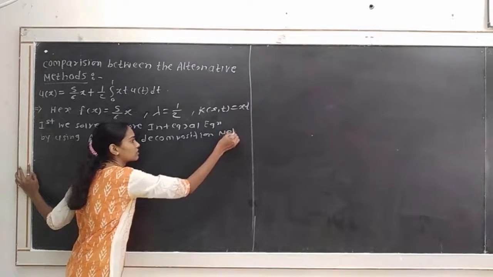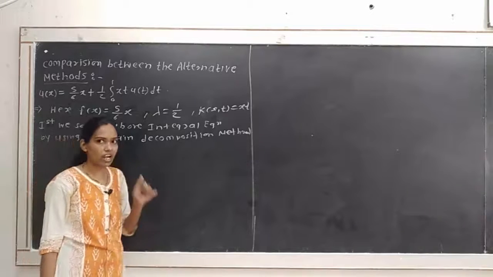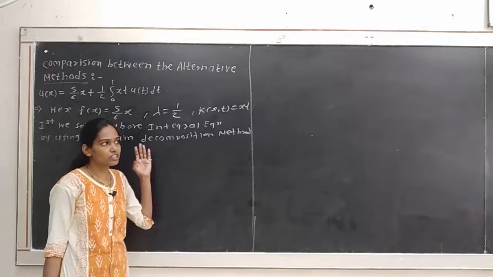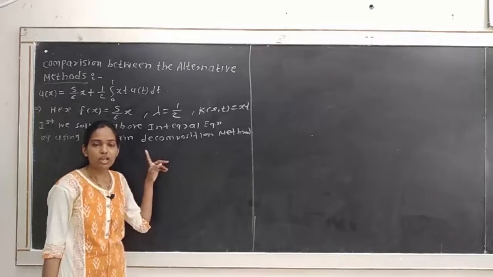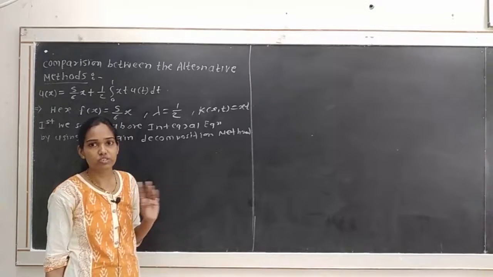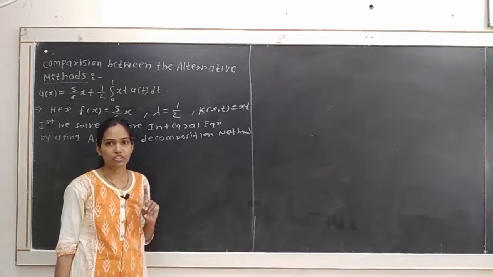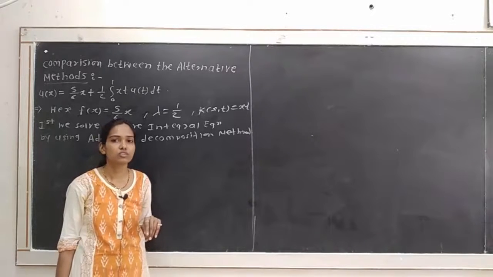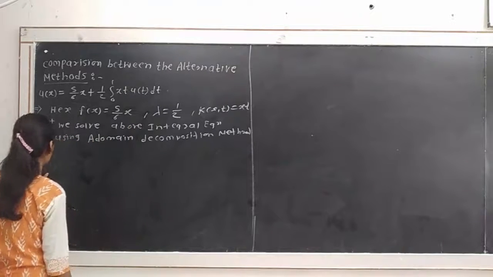We know how to solve the integral equation by using the Adomian decomposition method. We have to solve this example by 5 alternative methods. The first one is the Adomian decomposition method, then next we solve the example by using the variational iteration method, then the direct computation method, then the successive approximation method, and the last one is the successive substitution method. So first we solve by the Adomian decomposition method.